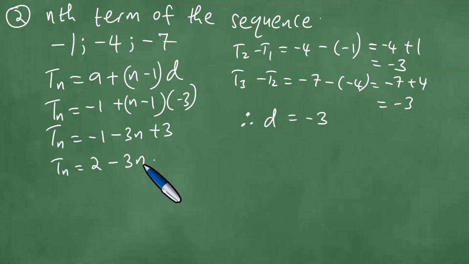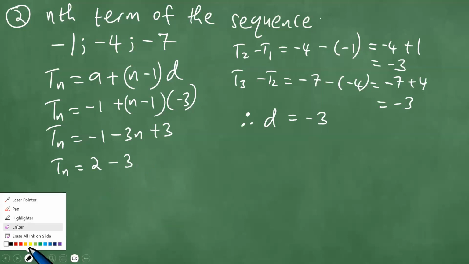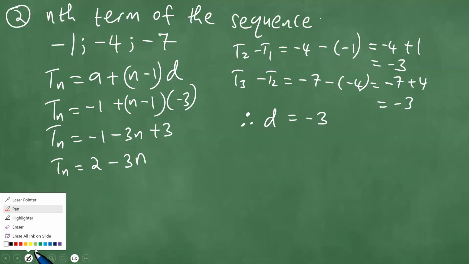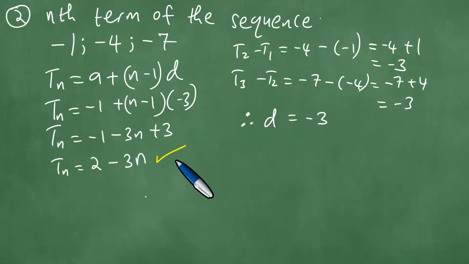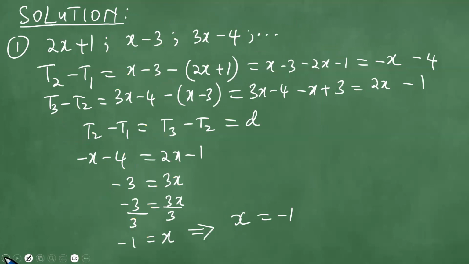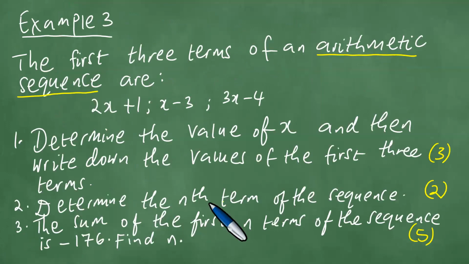So we get 2 minus 3n. Having obtained that, what did we want? The nth term. And the nth term is 2 minus 3n.